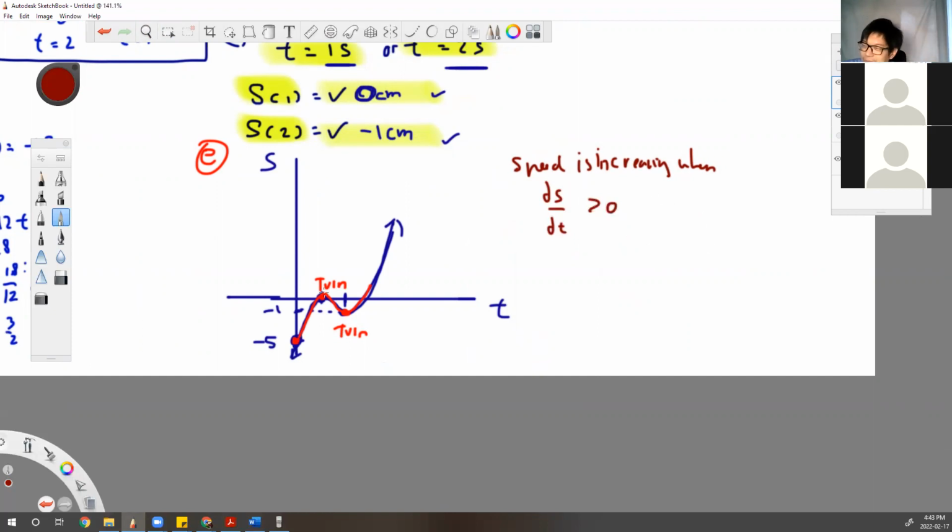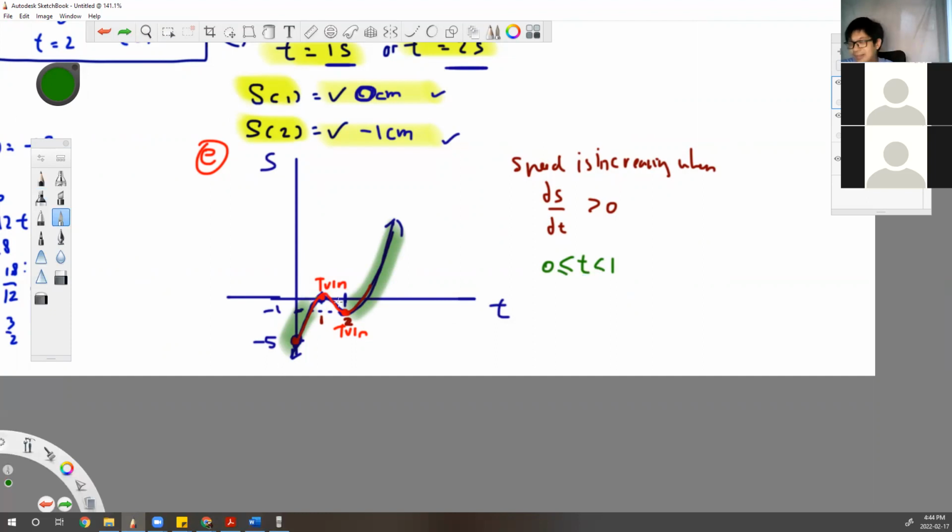So it is from 0 to 1, right? This is 1. This is 2, right? The time frame. So when it is at this part, I want to highlight this. There you go. So when t is from 0 to 1, not equal, because 1 is the turning point.